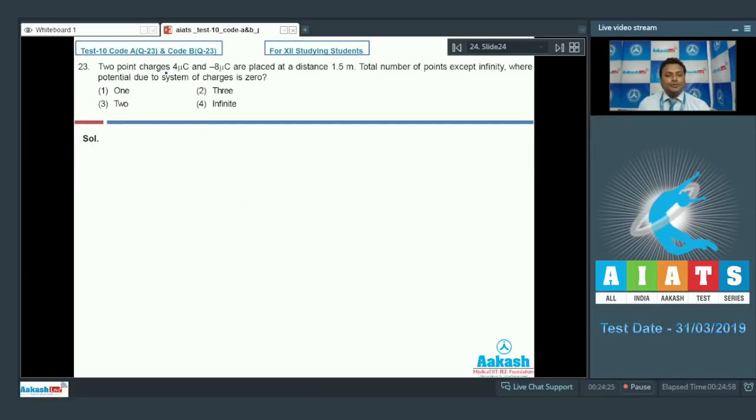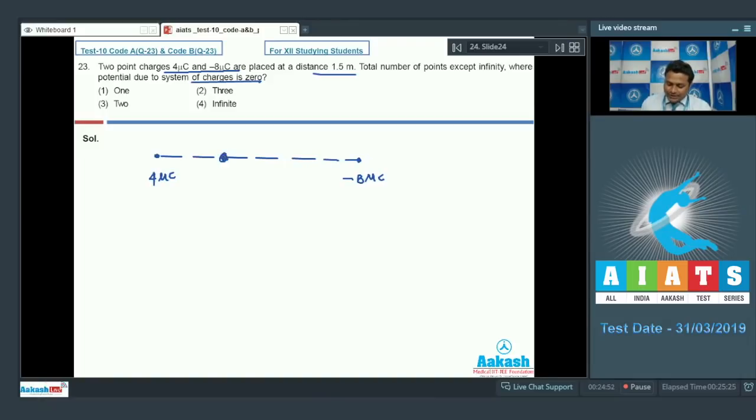Two point charges, 4 microcoulomb and minus 8 microcoulomb, are placed at a distance of 1.5 meters. The total number of points, except infinity, where the potential due to the system of charges is 0. So suppose there is a 4 microcoulomb charge right here, and here it is minus 8 microcoulomb. This is the line joining them.